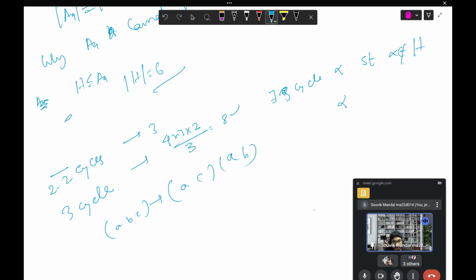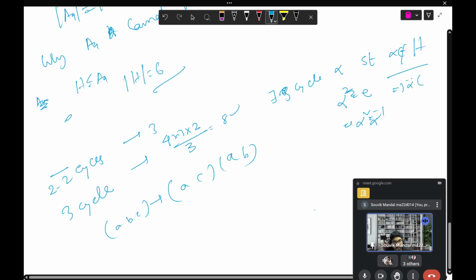Now alpha is a 3-cycle, so alpha cubed is the identity, and alpha squared is equal to alpha inverse. Since H is a subgroup, alpha inverse does not belong to H. So alpha squared does not belong to H.